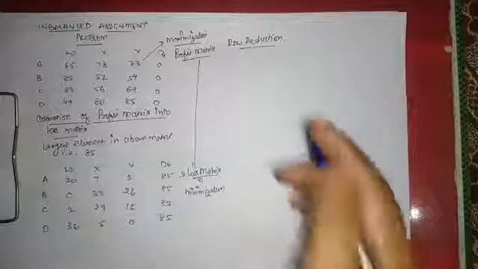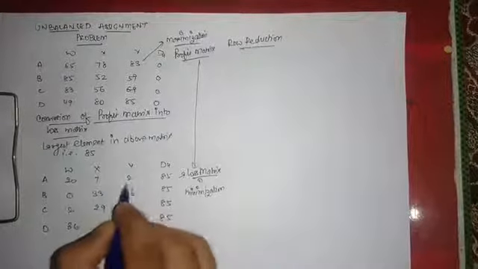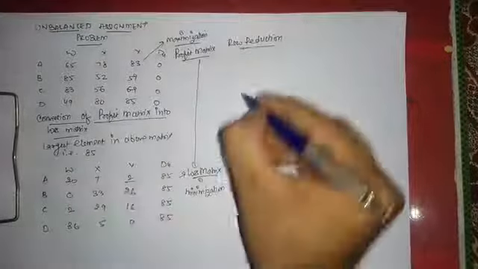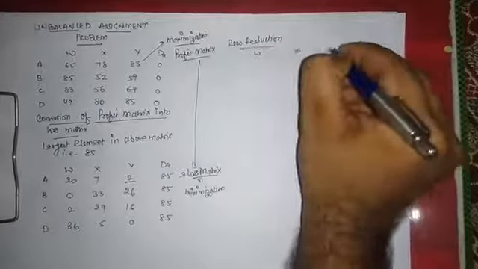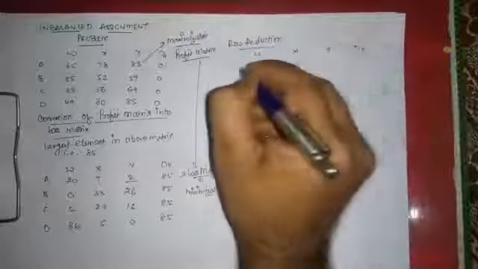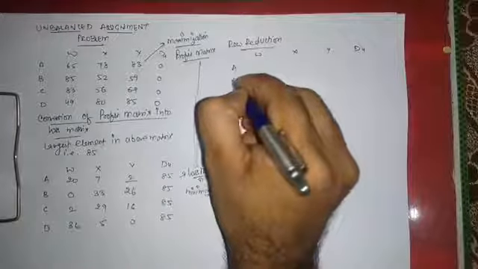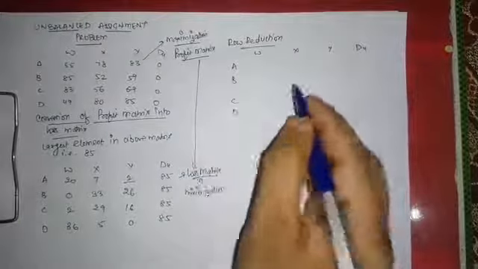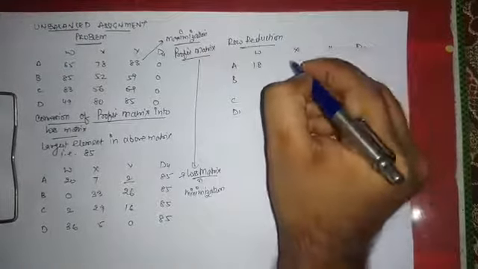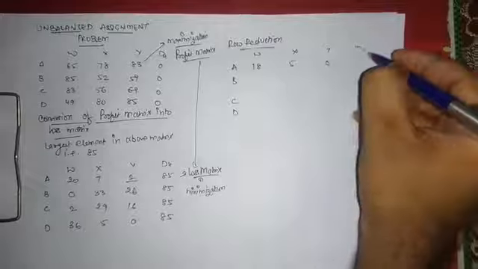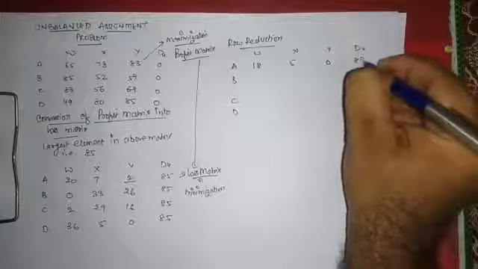Row reduction: the smallest element in the first row is 2. Let's write W, X, Y, D and A, B, C, D. 20 minus 2 is 18, 7 minus 2 is 5, 2 minus 2 is 0, 85 minus 2 is 83.